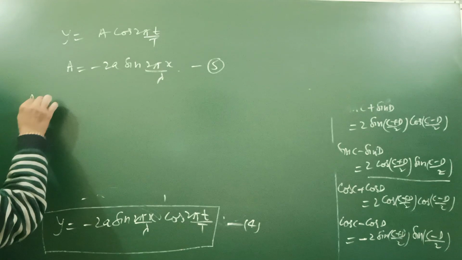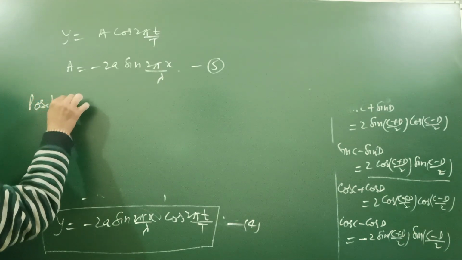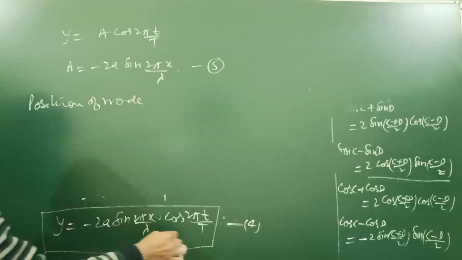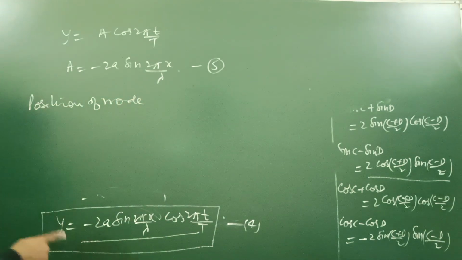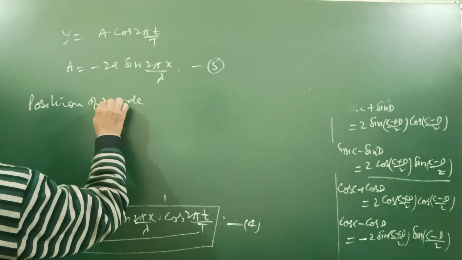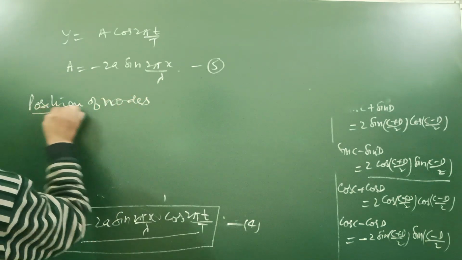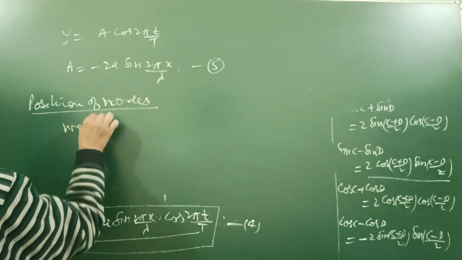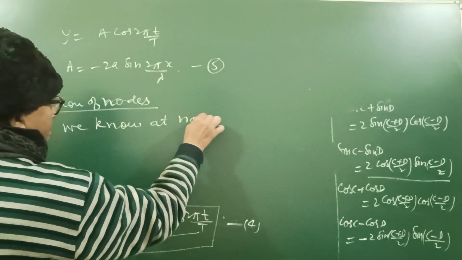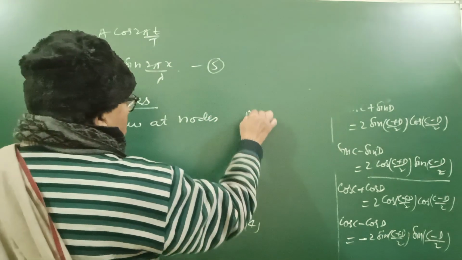Now position of nodes ढूंढेंगे हम. Position of nodes of this equation. Note, कहाँ बनेंगे? This is the equation of standing wave, and this represents variation of y with distance x and time t. We know at nodes a is equal to 0.